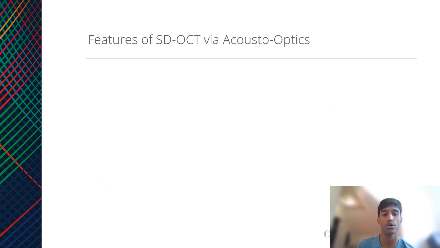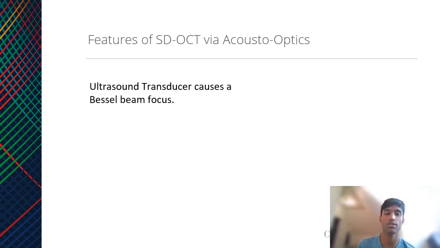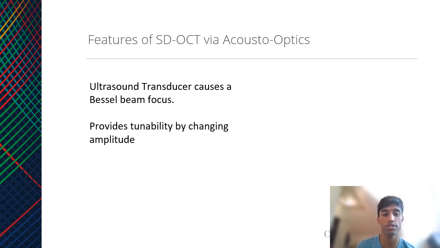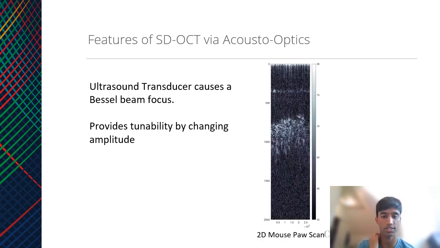So what are the features? As I discussed, the ultrasound transducer can have a Bessel beam focus, and it provides tunability by changing the amplitude of the transducer. We can change the focal plane, and it turns out we can get pretty good OCT signals back.